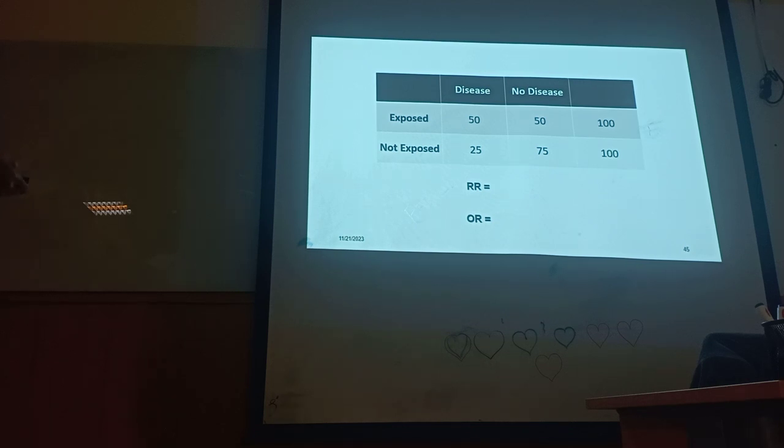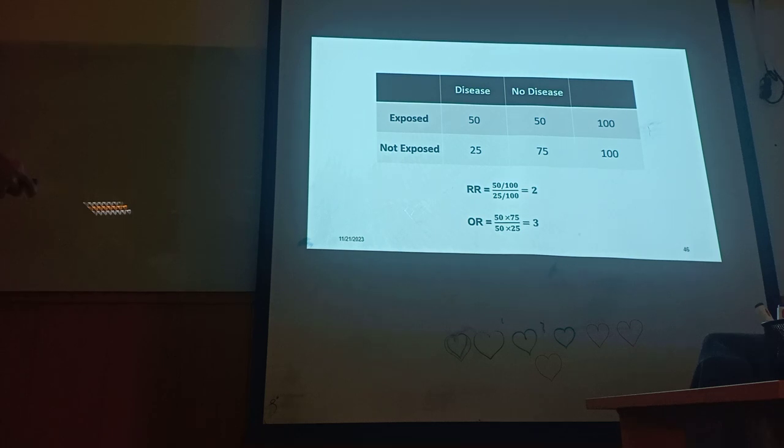So what is the relative risk? Again, 2. What about odds ratio? 50 multiplied by 75 divided by 50 multiplied by 25, which is 3.